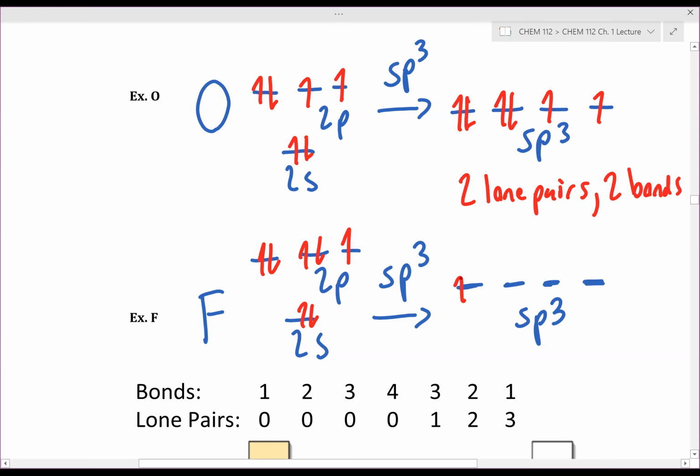Filling these orbitals, 2, 4, 6, 7. How many lone pairs would we predict fluorine to have? 3. And how many sigma bonds? How many half-filled orbitals? 1. So we have 3 lone pairs, and then 1 bond, which also matches our predictions, right? Halogens and fluorine like to form 1 bond and have 3 lone pairs.